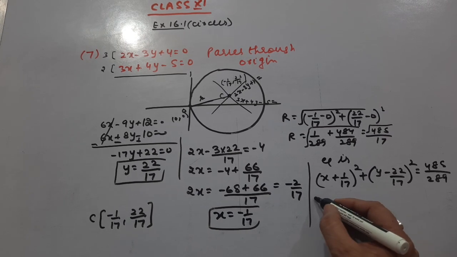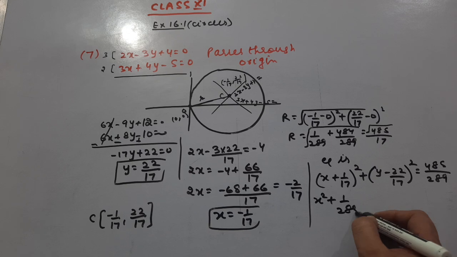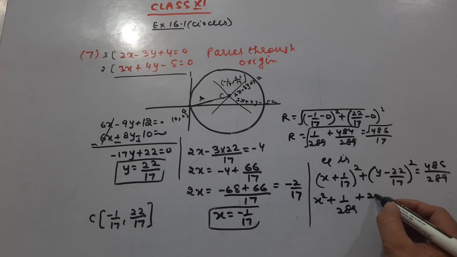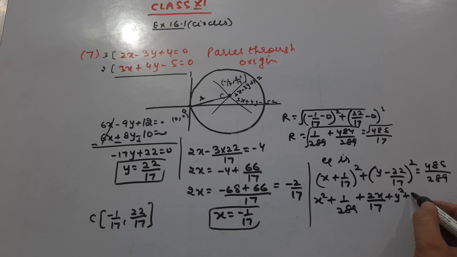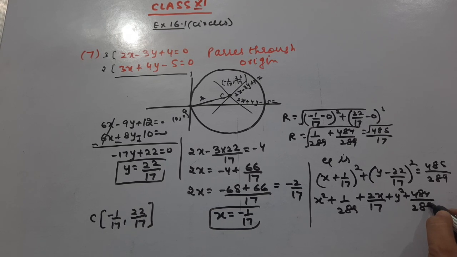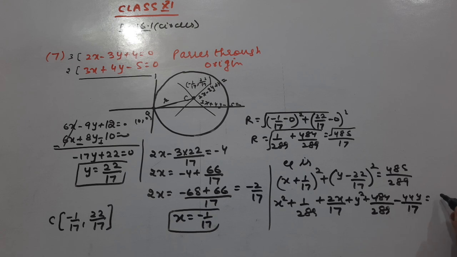Now solving it, we get x square plus 1 upon 289 plus 2x upon 17, y square plus 484 upon 289 minus 44y upon 17 equal to 485 upon 289.